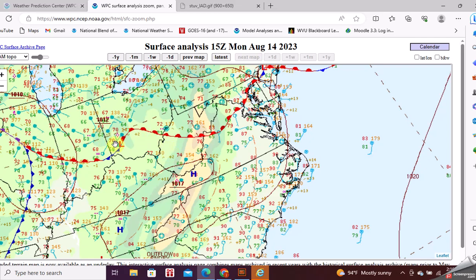But here there's 4. 4 means very heavy. If you only had 3, it would be moderate rain. If you had 2, it would be light rain. Here you have another heavy rain up here. So get used to reading this. This is the kind of thing you're going to see a lot throughout this course. And you're not just going to see it at the surface. You're going to see it aloft. The principle is the same.